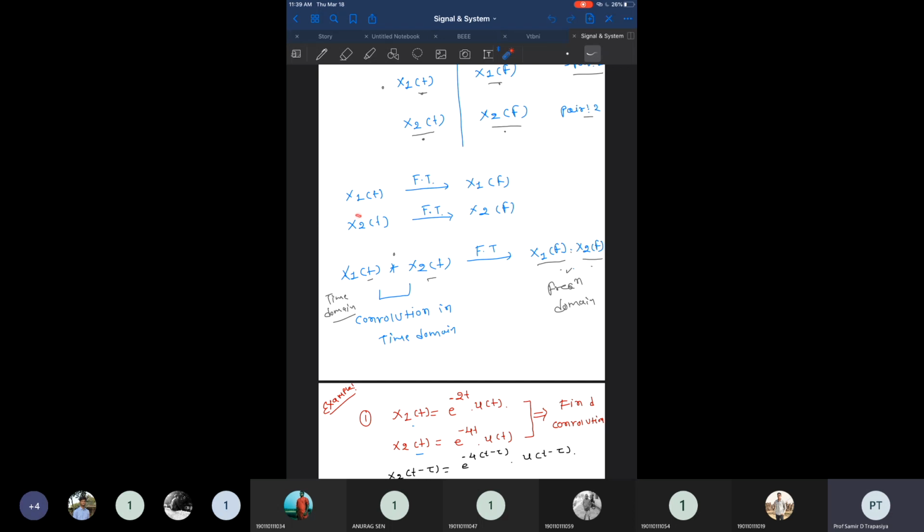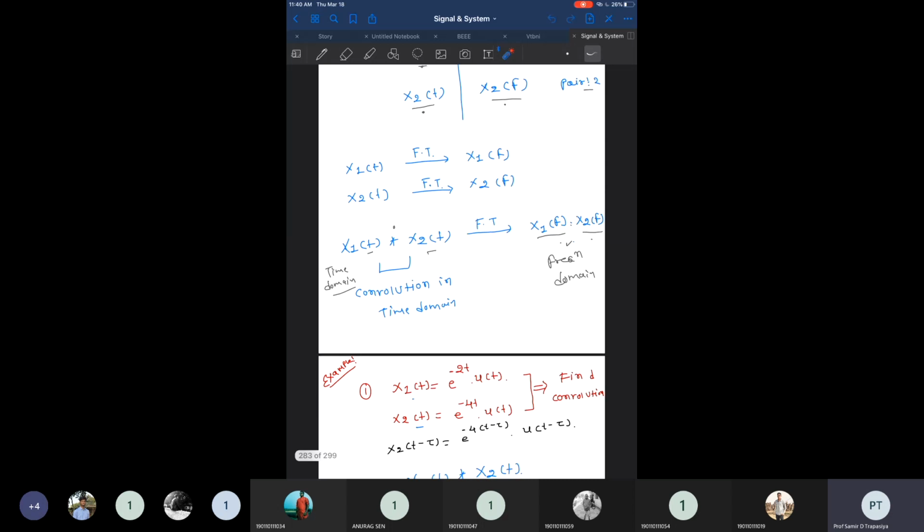In the same way, x2 of t is a time domain signal, and if we take the Fourier transform of this one, then we are able to produce a frequency domain version of the signal as x2 of f. So in this case, we have a pair of time domain signal and frequency domain signal, x1 of t and x1 of f, and x2 of t and x2 of f.